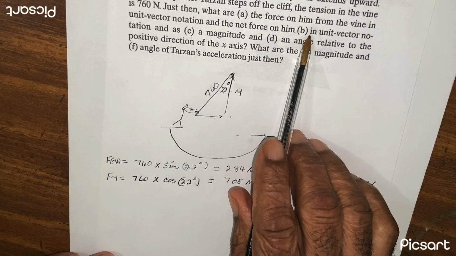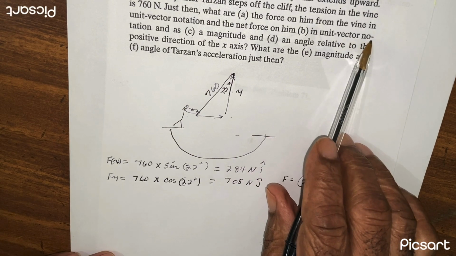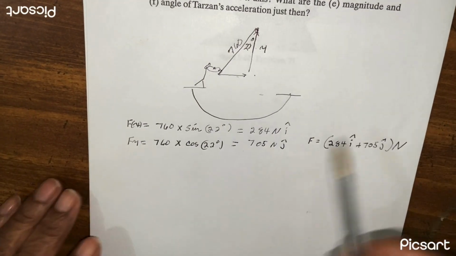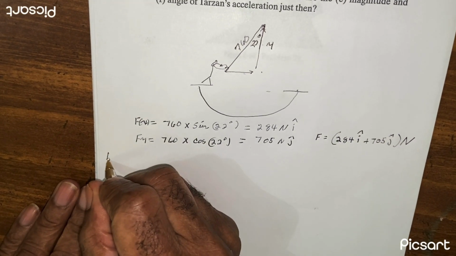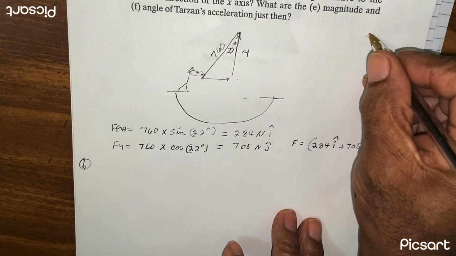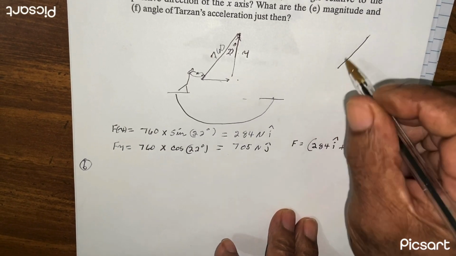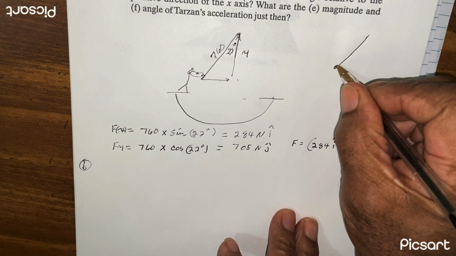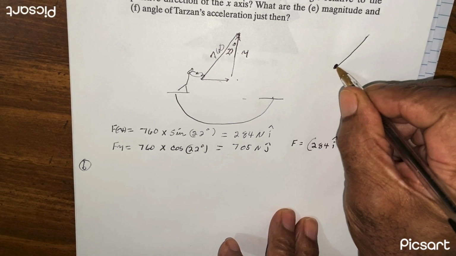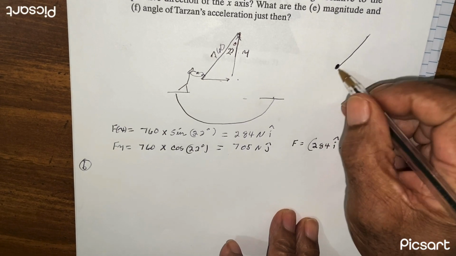So B asks for it in unit vector notation. So we're going to draw another little sketch for B. Here's the vine. Here's Tarzan. We're just going to make him a little ball since I'm not doing too good with my stick diagrams.